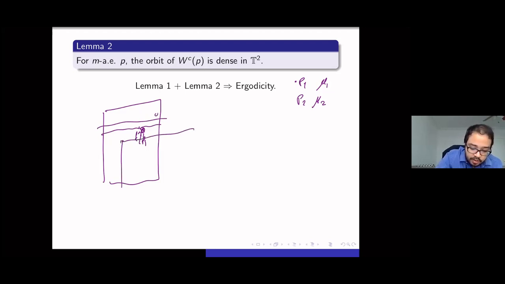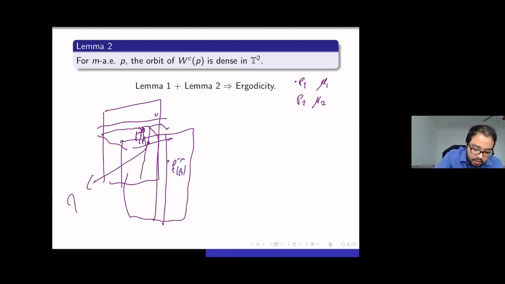Close to it, you have some fiber for P2, F^{-n} of P2, and the stable manifold will do something like this. And when you add the hyperbolic parts, they will have a transverse intersection. Okay. Once you have this, then Pesin's theory will tell you that those measures will actually have to be the same, because this happens for sets of positive measure.